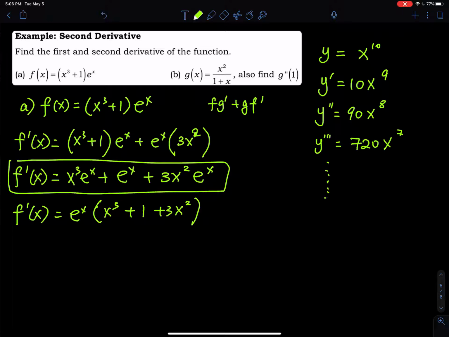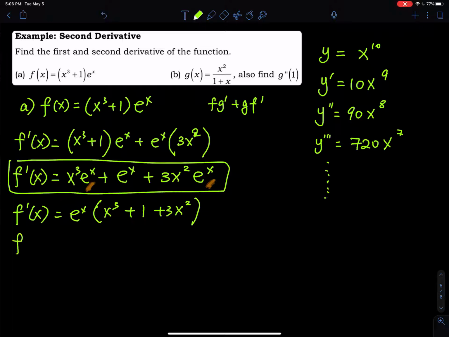What if you don't notice this? You don't have to. If you don't do this, then you have a product rule in here and in here, so that means you need to do two product rules. If you do this, you only have one product rule to do because there is only one product: e to the x times the stuff inside the parenthesis.